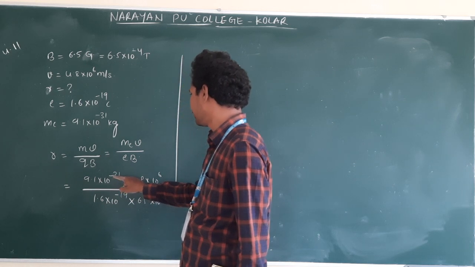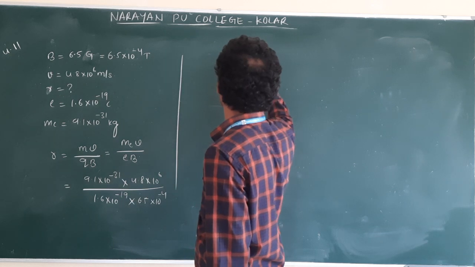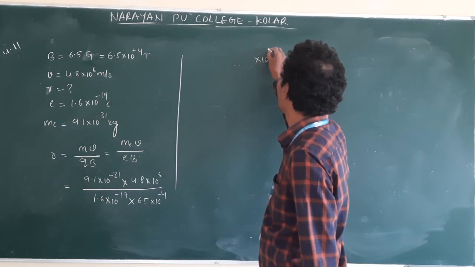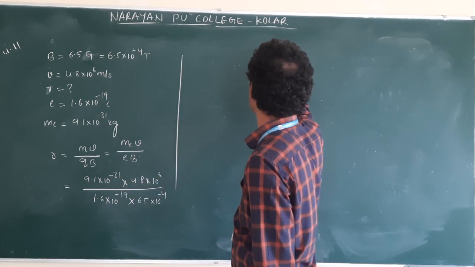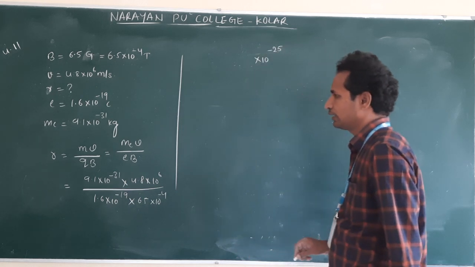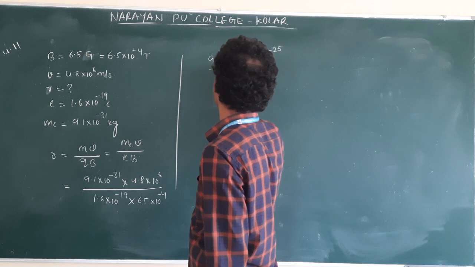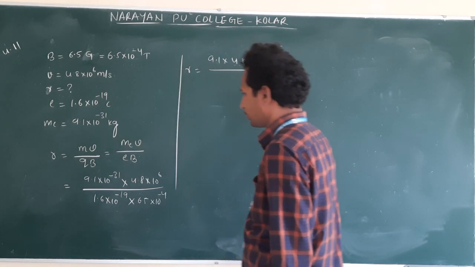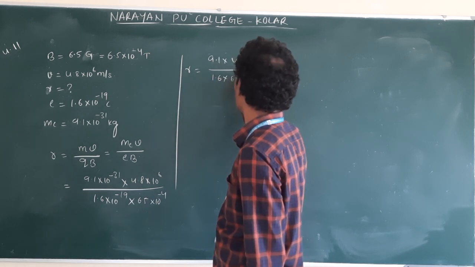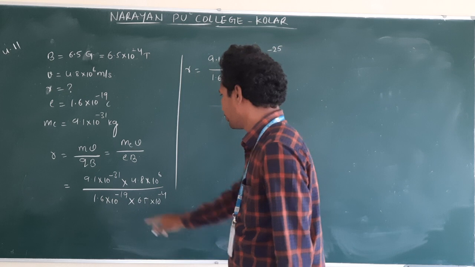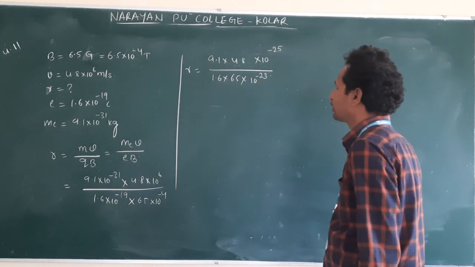First we will try to clear the powers. In the numerator, minus 31 plus 6 gives minus 25. Here the values are 9.1 into 4.8, divided by 1.6, keep it as is, and 6.5, keep it as is. In the denominator, minus 19 minus 4 gives 10 power minus 23.